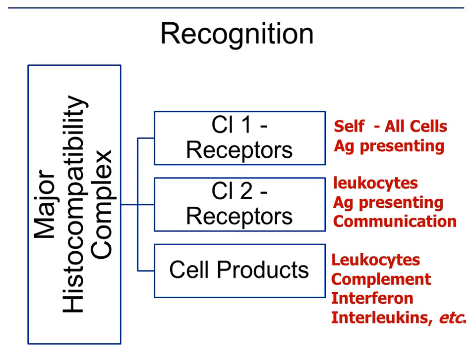It says, that class 1 receptor matches mine, therefore that's part of my body, I'm going to leave that alone. But if there's no class 1 receptor, or if the class 1 receptors don't match, the macrophage says, you know what? That's not me, and attacks it. So that's it. That's what recognition comes down to. Do class 1 receptors match?